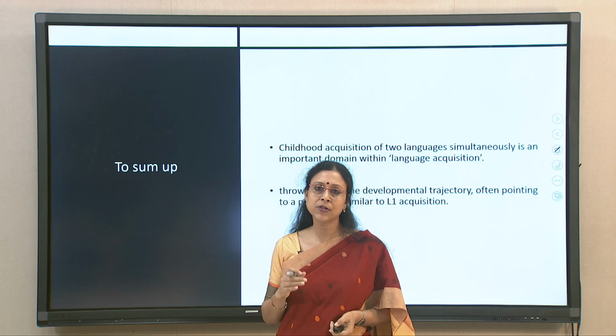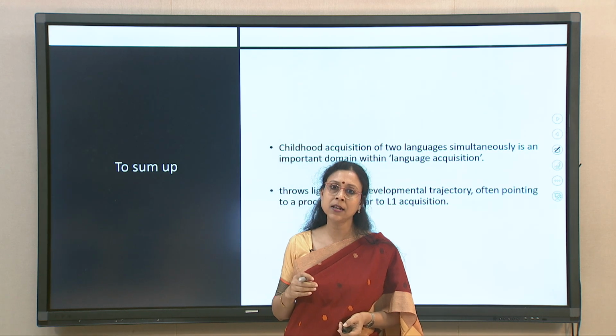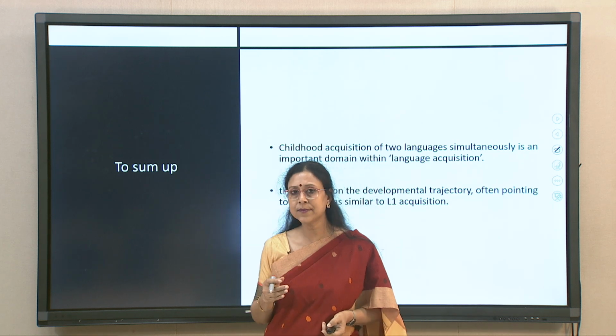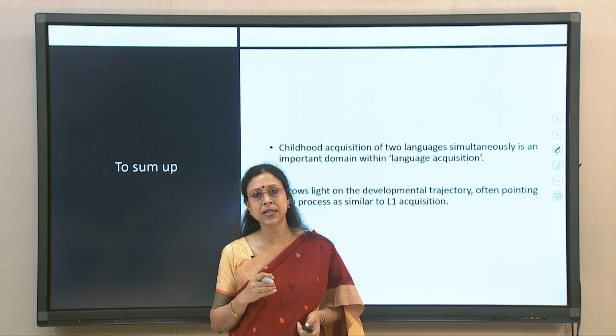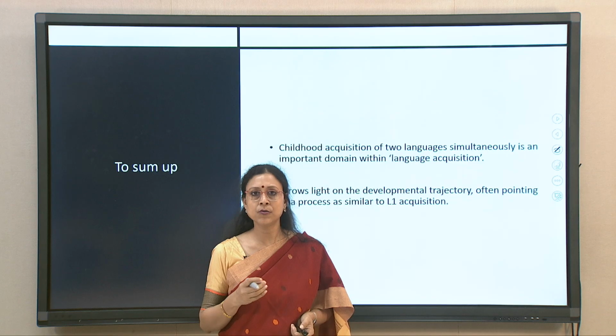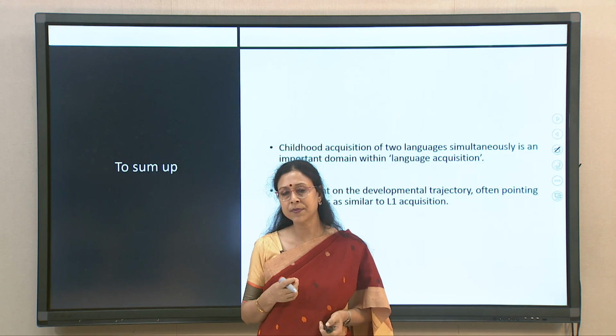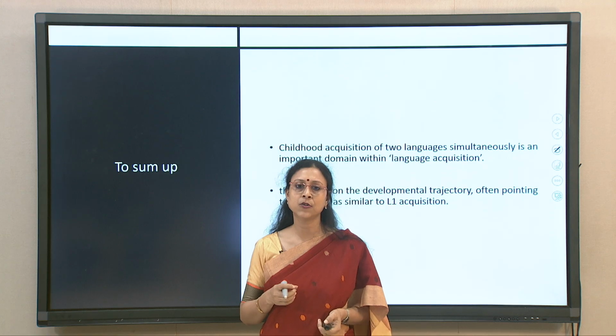Hence we should see a similar pattern of development in both the languages, which is true in some cases because children are able to keep them separate, but at times we do see some differences. All these different kinds of outcomes make this an interesting domain.